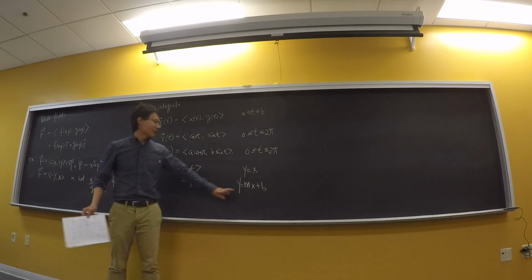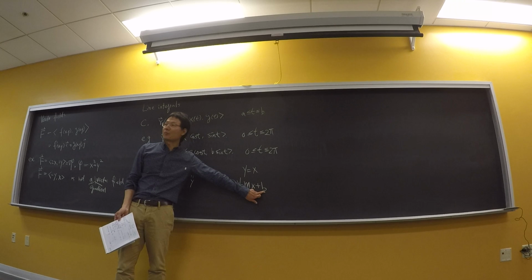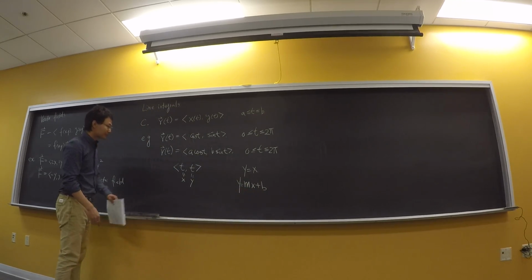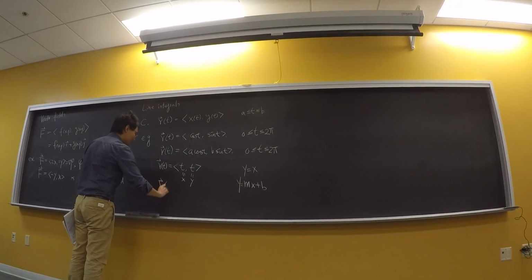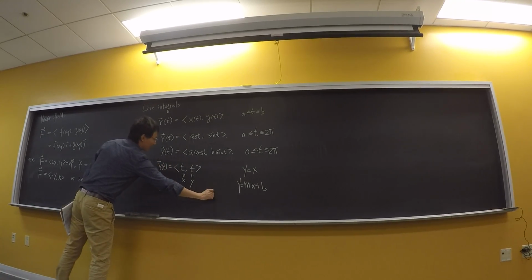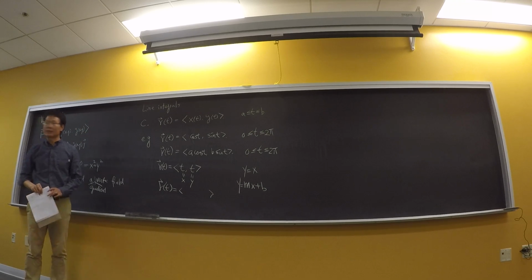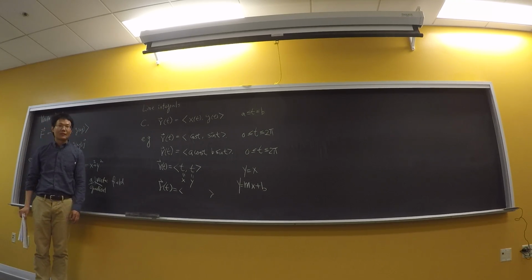a straight line given by slope m, y-intercept b, how can I translate this into a parametric equation? If you want to write down a parametric equation, you have to have a parameter, right?